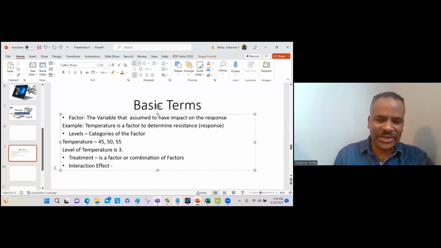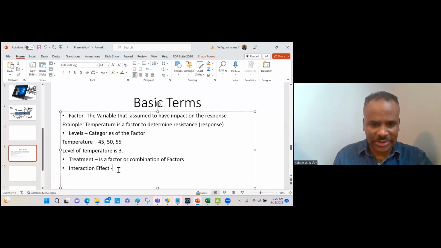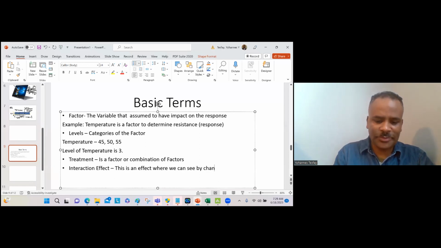What is an interaction effect? This is an effect where we can see by changing the levels of the factor.